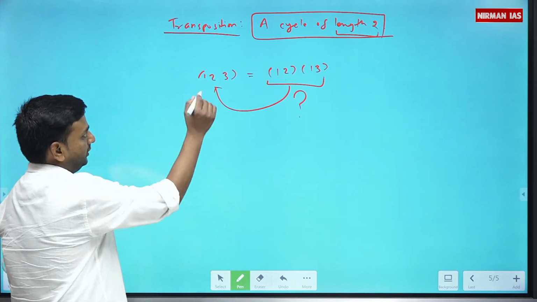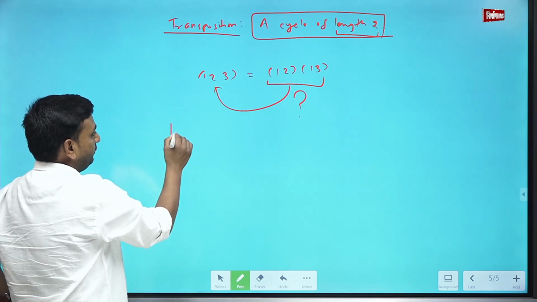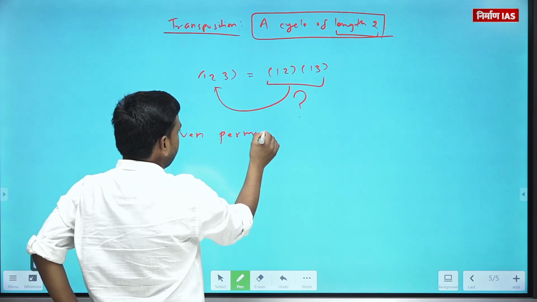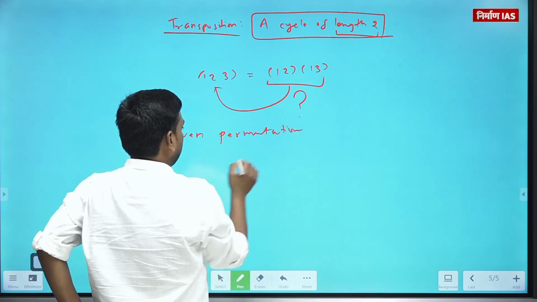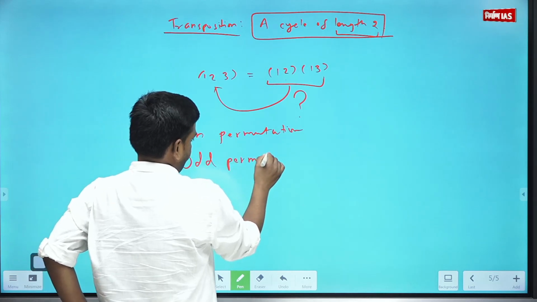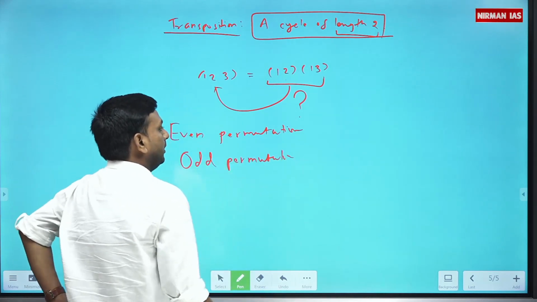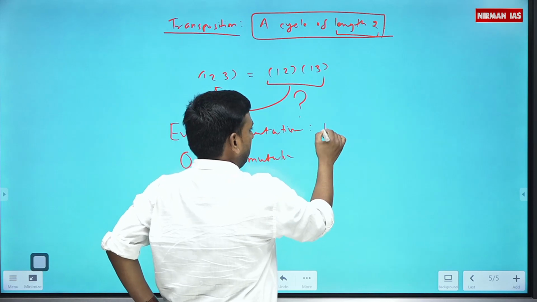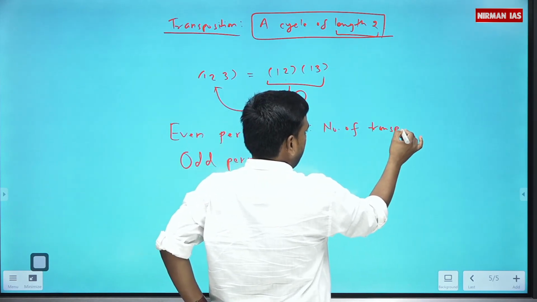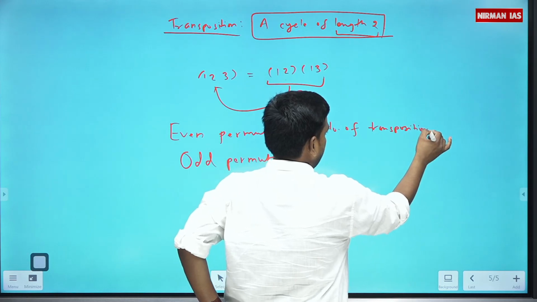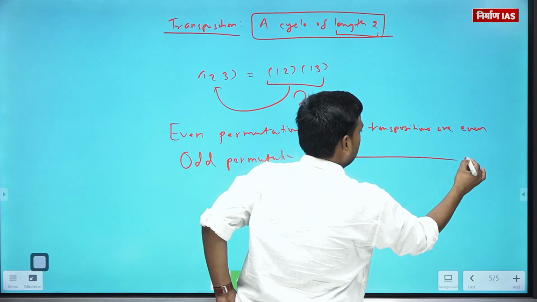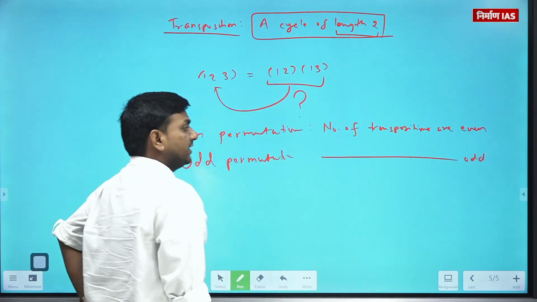Why have I taught this definition? Because we have a categorization: even permutations and odd permutations, based on whether the number of transpositions is even or odd.